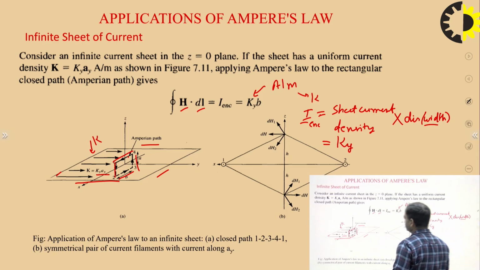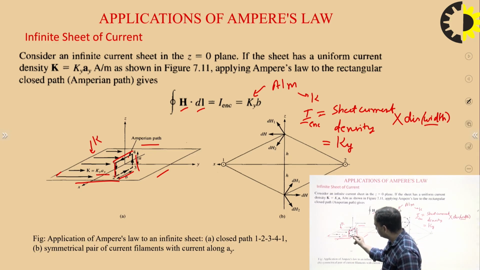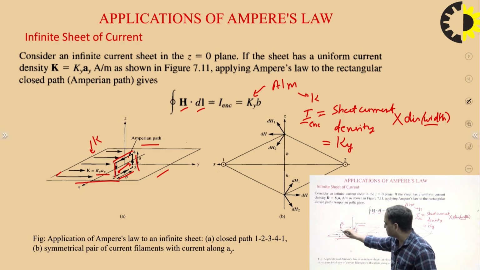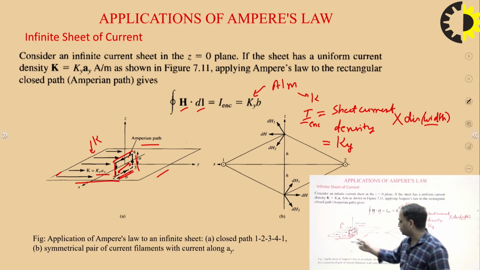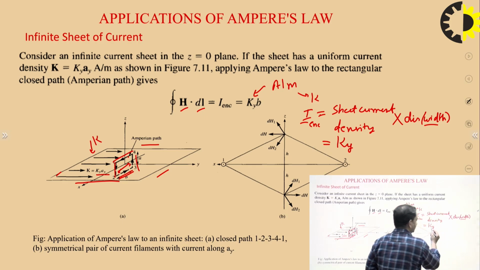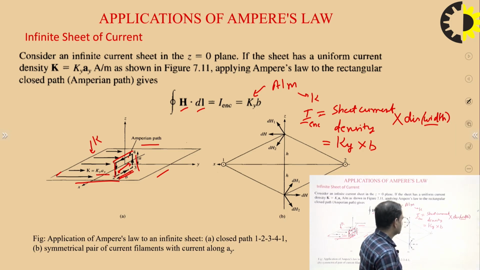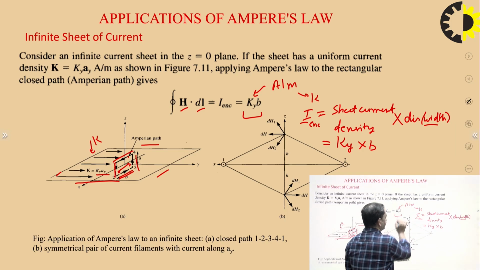What is this width? It is the width across which the current carrying conductors are lying. We can see that this density is towards the y direction, and the width it is crossing is B, 2 to 3 or 4 to 1. So this width is B, and that is why we can write Ky into B. This is the value of the current enclosed.